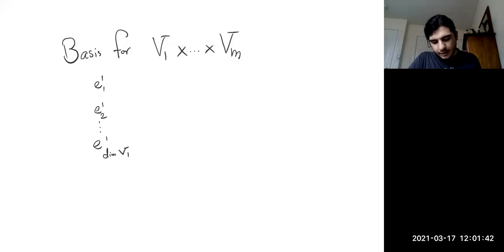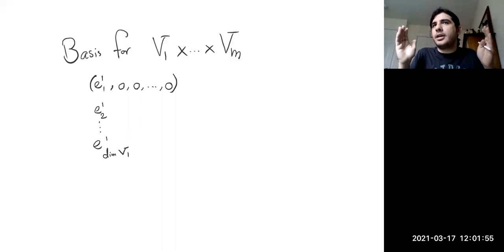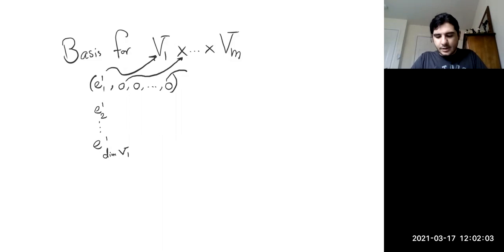But if I look at the vector E11 and then 0, 0, 0, 0 up to Vm, now this is a vector in the product space, right? I have chosen E11 inside V1. I have chosen 0 inside V2 and up to 0 inside Vm, right? Now this is a vector in the product space.